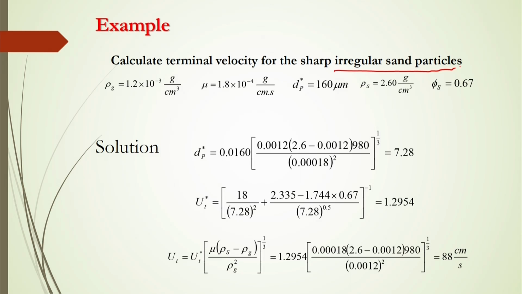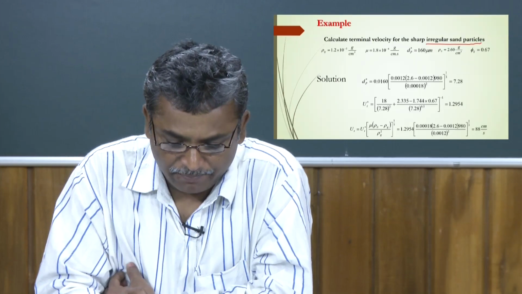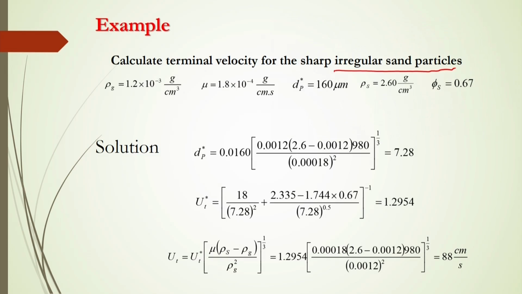Now, let us see one example: calculate the terminal velocity for sharp irregular sand particles. If there are irregular sand particles, then what should be the terminal velocity? These irregular sand particles are allowed to fall in an air medium, that means through air. The density of the air will be taken as 1.2 into 10 to the power minus 3 gram per cc, and viscosity is 1.8 into 10 to the power minus 4.